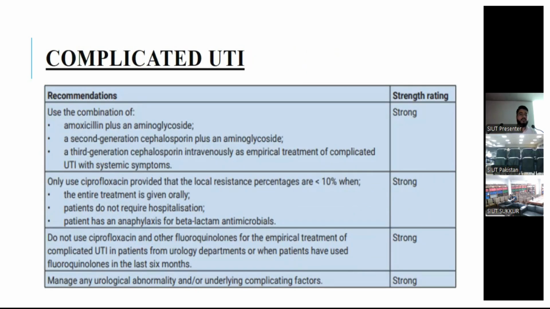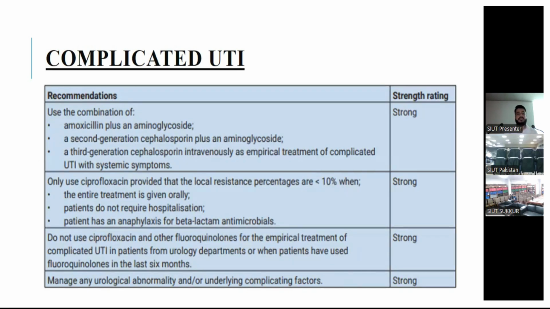So, the purpose of giving the complicated and uncomplicated UTI treatment here is that in asymptomatic bacteriuria, if we make the decision to treat, we go on the line of complicated or uncomplicated UTI depending on the risk factors the patient has. And in recurrent UTI, we treat on the line of uncomplicated UTI.